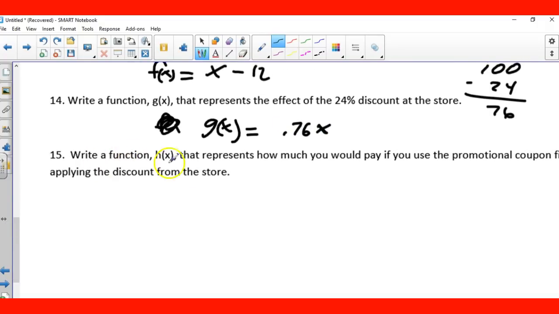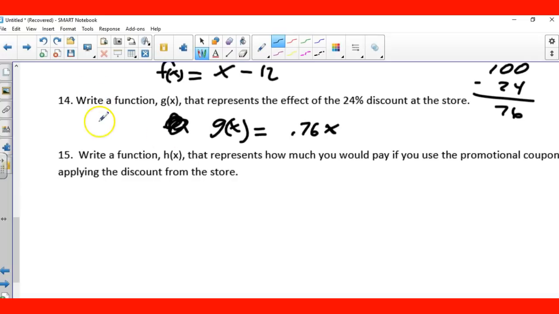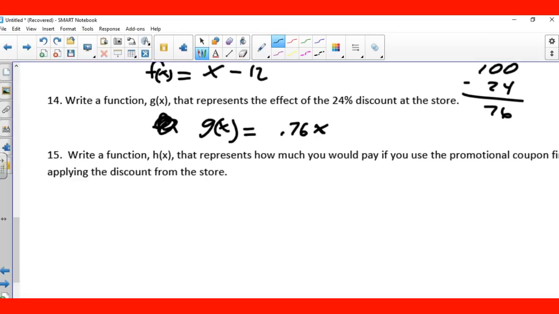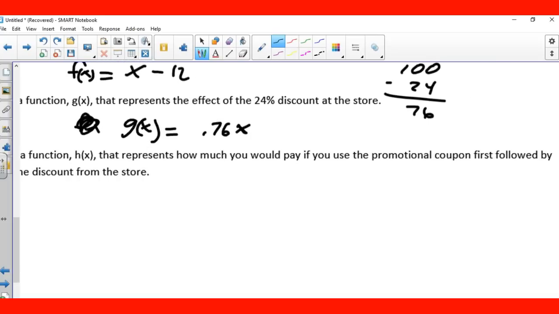And now finally it says write a function that represents how much you would pay if you use the promotional coupon first, followed by applying the discount from the store. Alright, so think about it, right? When you do order of operations, PEMDAS, you do the parentheses first. So what can we put inside the parentheses to do it first?